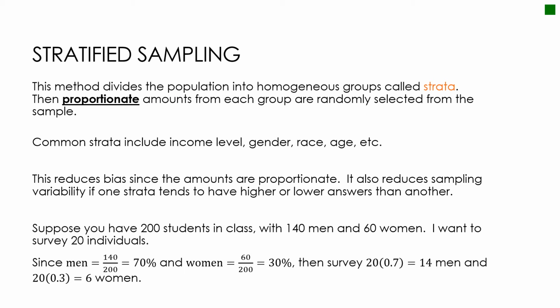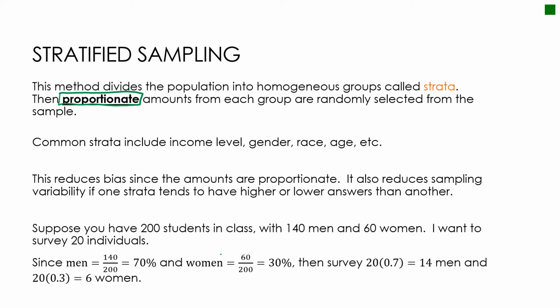This brings us to another method called stratified sampling. So SRS is great, but sometimes we want to make sure that a certain characteristic of the population is represented proportionately in our sample.